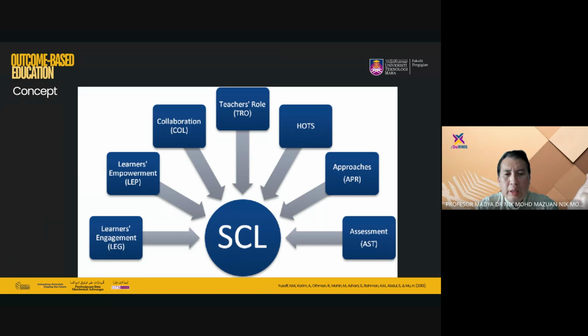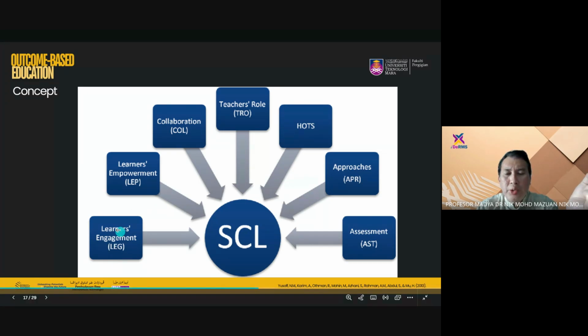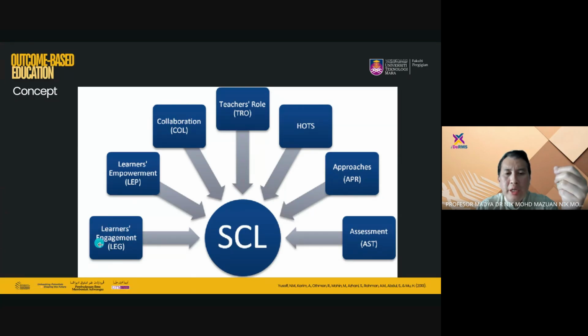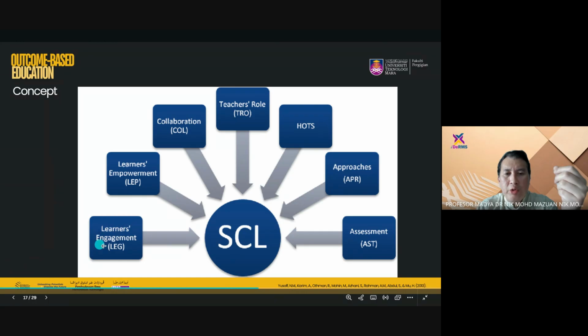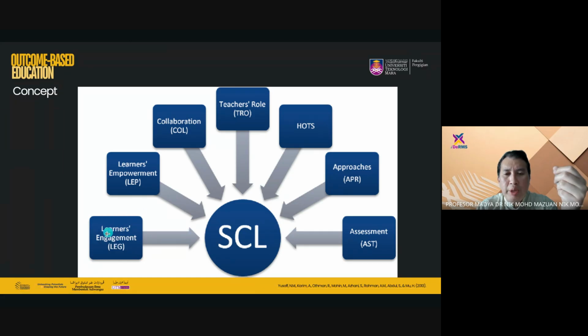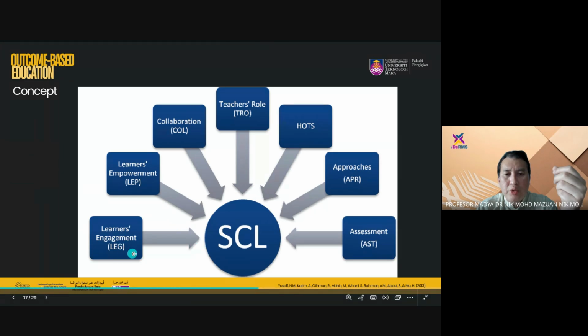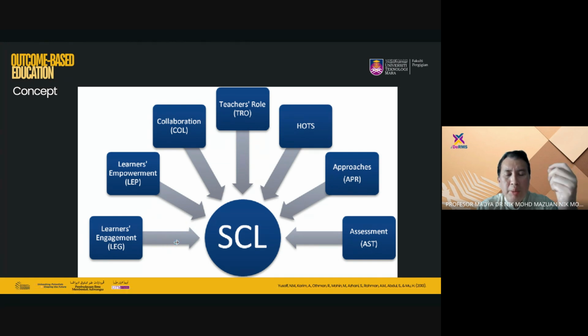And then we have learners' engagement, how they play a role in our learning. This one we have actually done it. If you do not realize, we have PBL. So LEP and LEG are done in PBL. PBL is quite important for student-centered learning.